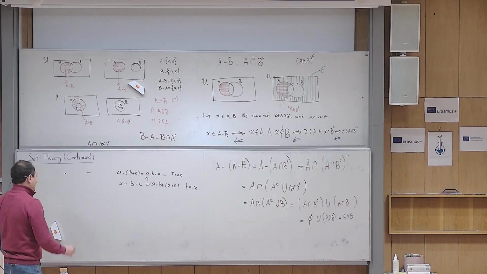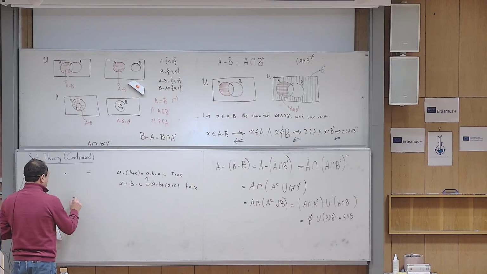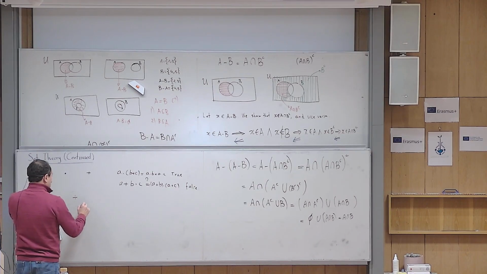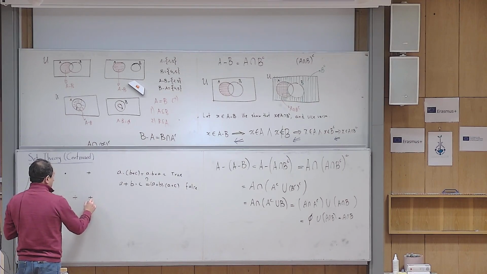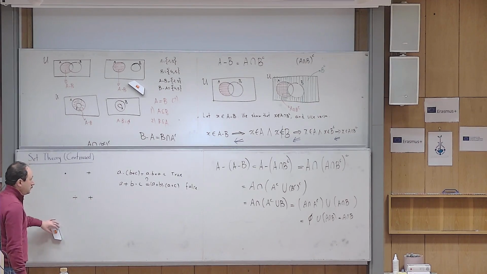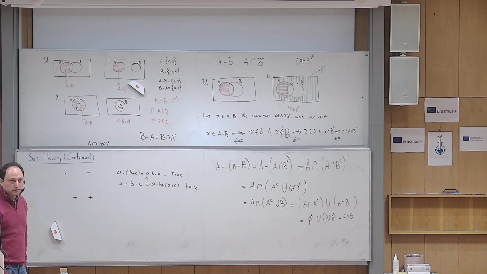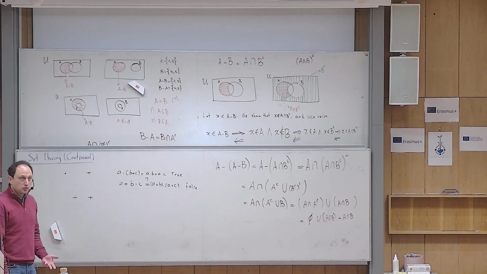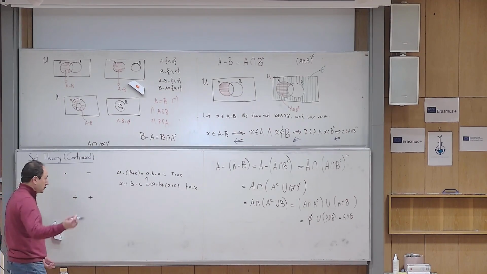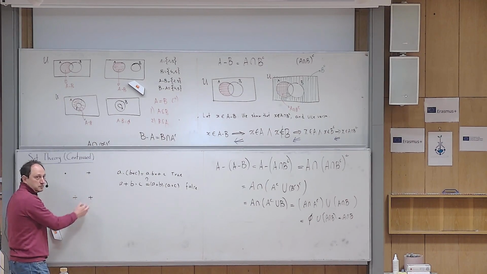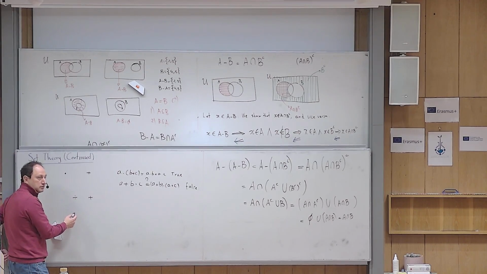Okay, let me ask you another question. Let me make it with division and addition. Which one is distributive over the other one, if any? To answer this question, we have to formulate first. So if you say division is distributive, how should you formulate it?